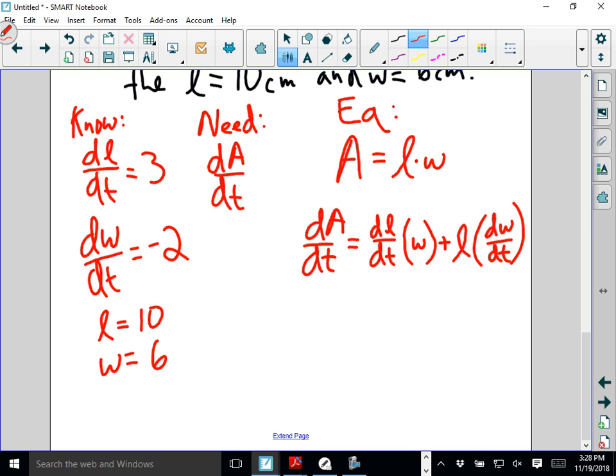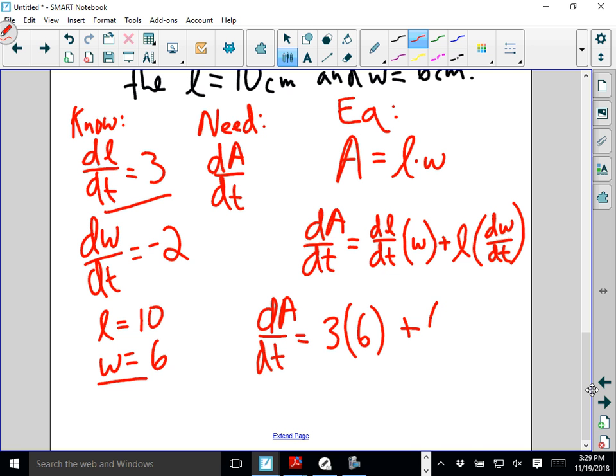Now I'm just going to plug in and solve for dA/dt and work this out and think about the units. So dA/dt must equal dL/dt, which I can find over here is 3, times W, not dW/dt, but W, 6, plus length, which is 10, and dW/dt, which is negative 2.